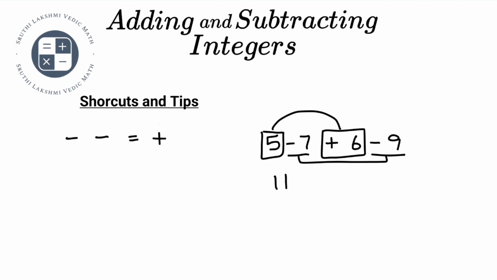Negative 7 plus negative 9 is negative 16. So now we do 11 plus negative 16. This is equal to 16 minus 11, which is 5. Since the sign of the larger number is negative, our answer is negative 5.